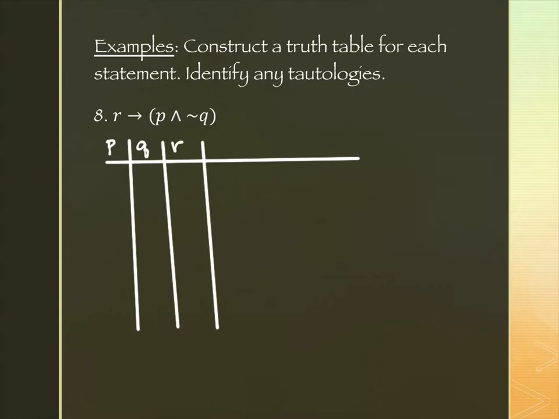And let's go ahead and create the rest of the column headers right now. Okay, so I've got the P and the Q and the R. I usually look and see, do I need any tildes? And I do. Which tilde do I need? Q. I need tilde Q. So I list any of the individual statements that have a negation, just individual statements. And then I look and see what I've got inside of parentheses somewhere. So inside of the parentheses, I actually have a compound statement. Do you remember if this one's an and or an or?